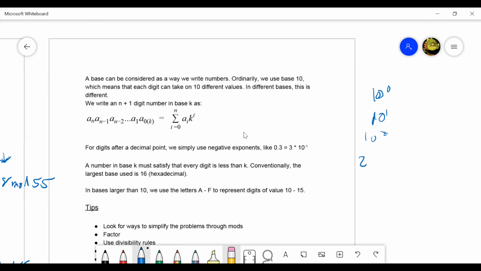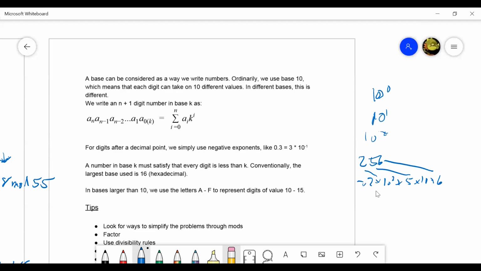So a number like 256 is equal to 2 times 10 squared plus 5 times 10 plus 6. And you can see each digit has a place value of some power of 10.